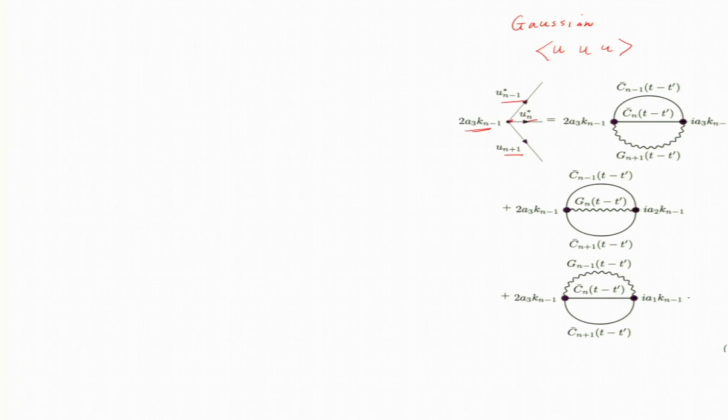So, all the odd ones will give you 0, but even ones you can write as a sum of 2 point correlations, all possible. Okay. So, if same u, then this will be factor 3, otherwise we have A B C D, then A B C D, A C B D, A D B C, 3 terms.